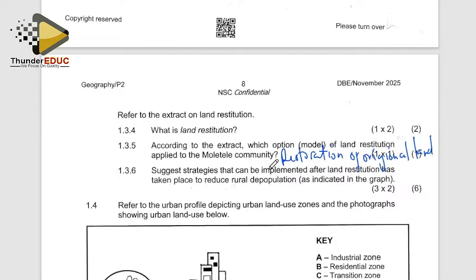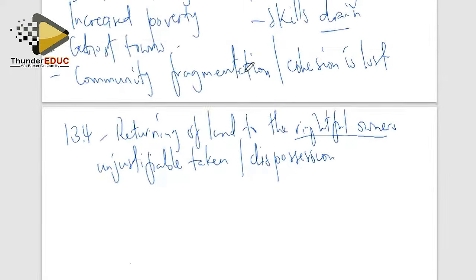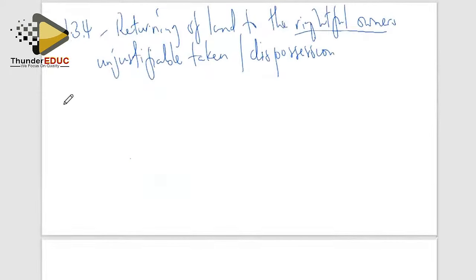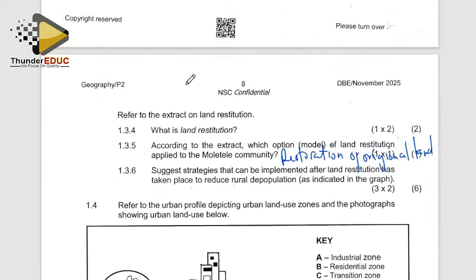Then it suggests strategies that can be implemented after land restitution has taken place to reduce rural depopulation. We want to reduce the trend of rural depopulation after land restitution. I think this is not a general question. We are understanding that there is a measure that has been put in place.